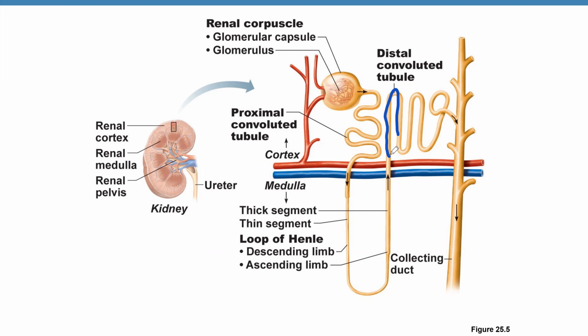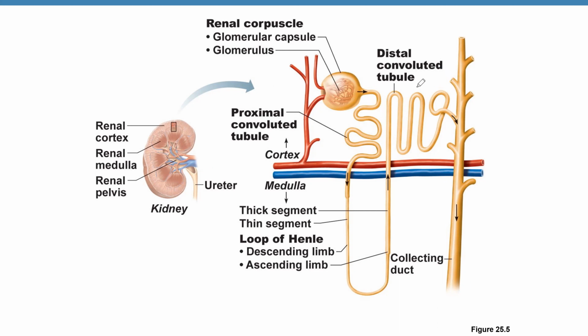Then we have a distal convoluted tubule that brings urine to collecting duct. Now, we cannot include collecting duct in the nephron. So collecting duct is not part of a nephron because several nephrons are going to bring urine to one collecting duct.